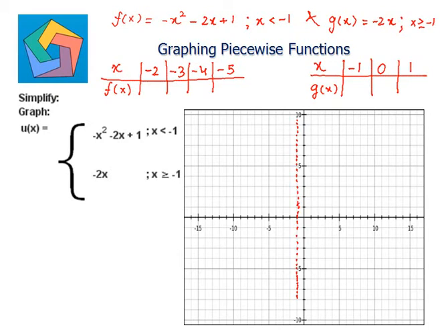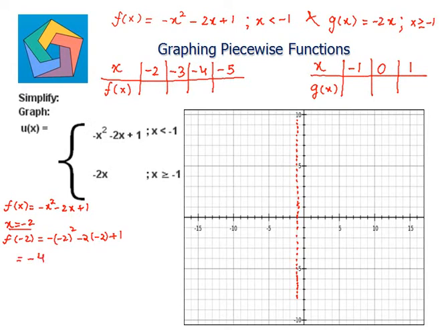So let's calculate the values now. f of x is equal to minus x squared minus 2x plus 1. Let me say x is negative 2. So f of negative 2 will be minus of negative 2 squared, minus 2 times negative 2, plus 1. Negative 2 squared is 4.